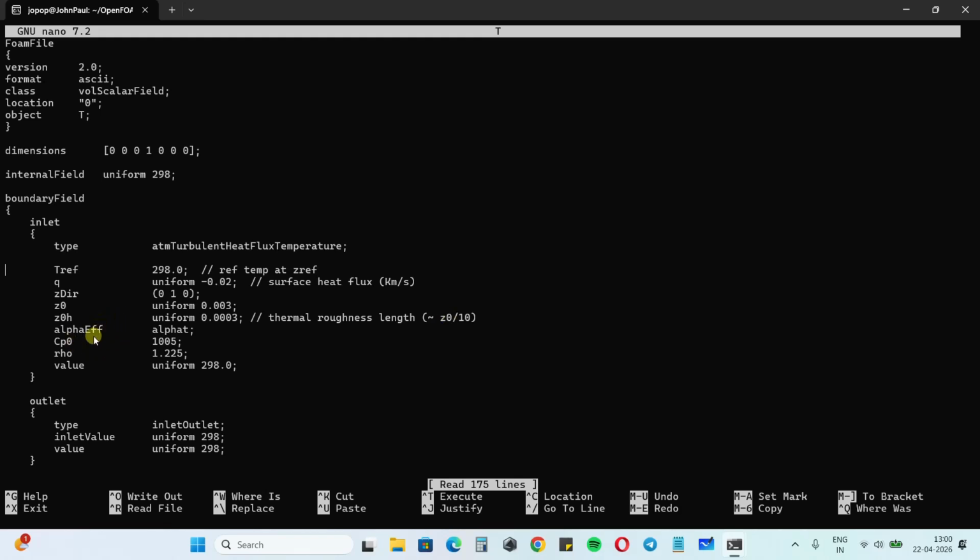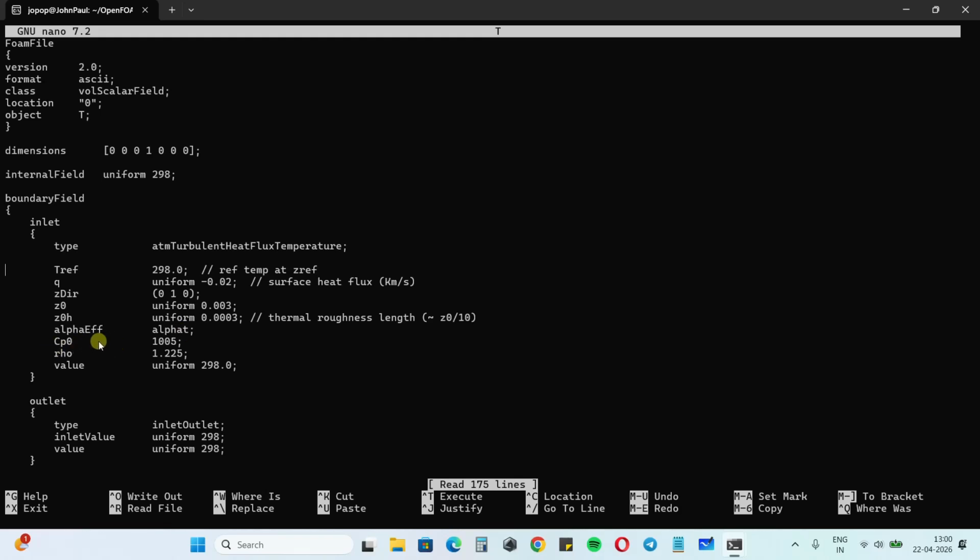There is this effective alpha, which is alpha T. We will see a separate file for alpha T. Alpha T is the turbulent thermal diffusivity, since the main mechanism of heat convection is turbulent mixing. That's why alpha effective is alpha T rather than just the molecular thermal diffusivity alpha.